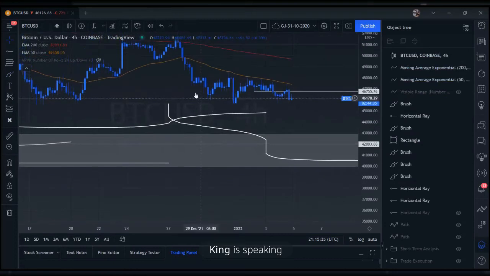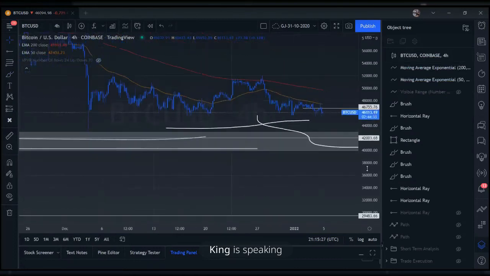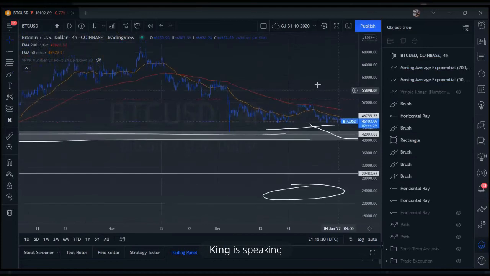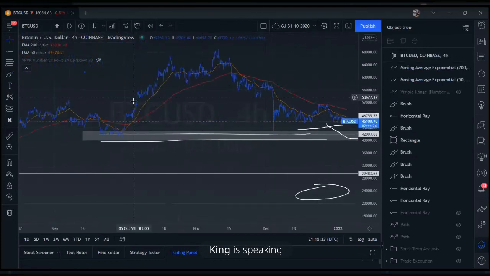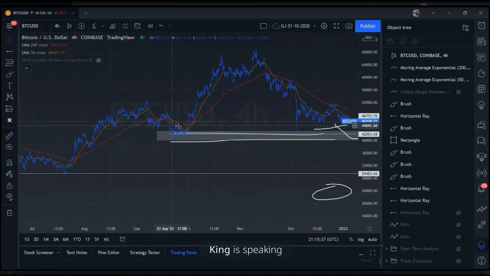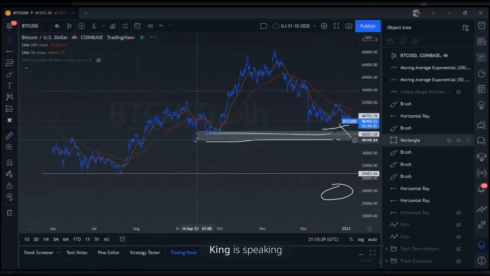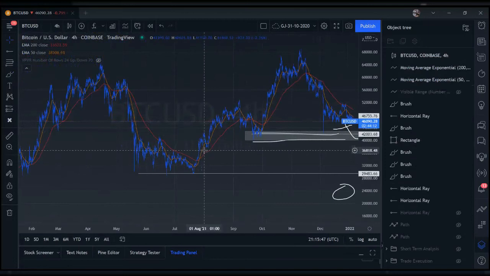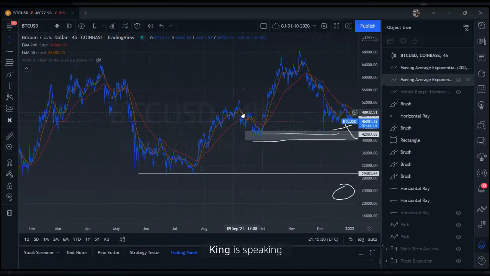I'll get rid of the rest of the drawings in a bit. But if you go into the 4-hour and just look at how price plays with the 50 EMA and the 200 EMA. So once the 200 EMA breaks, you get to see a decent trend happen after that.